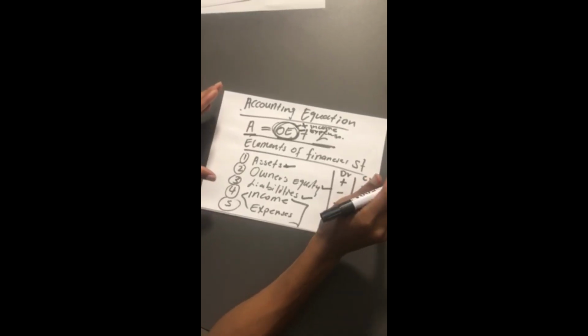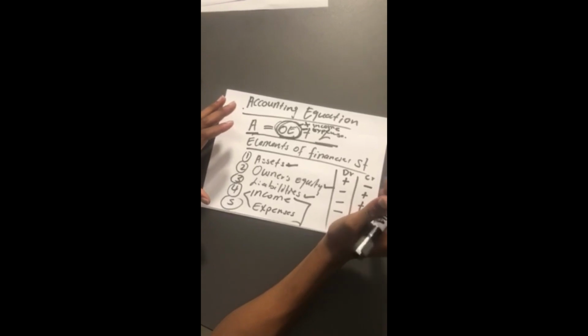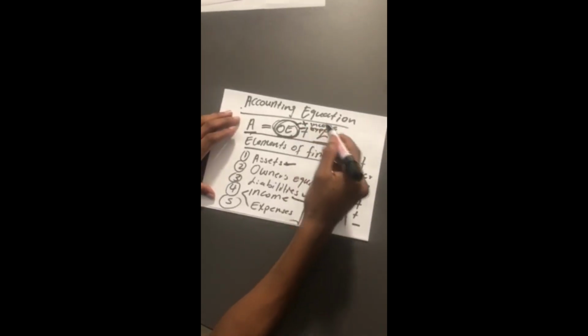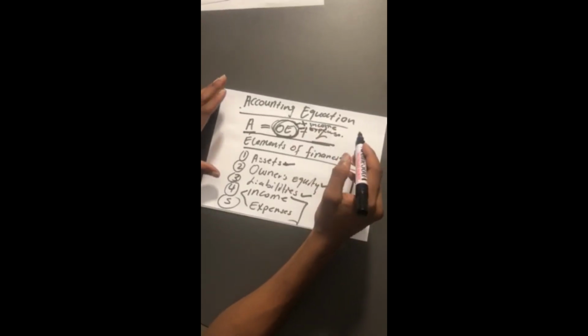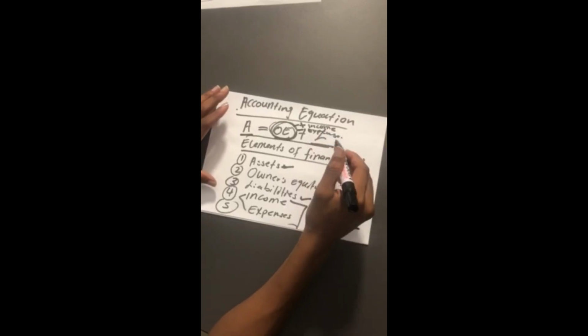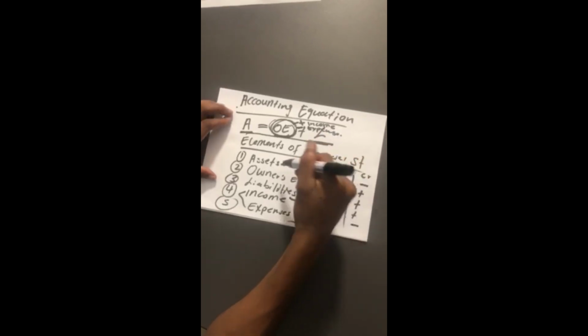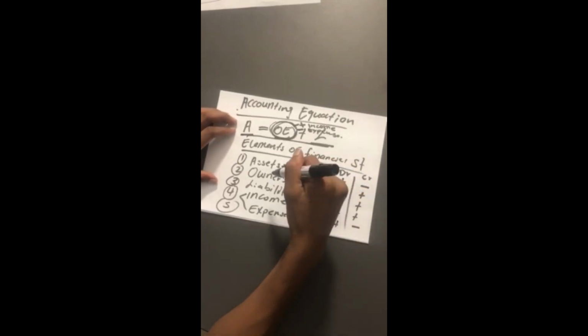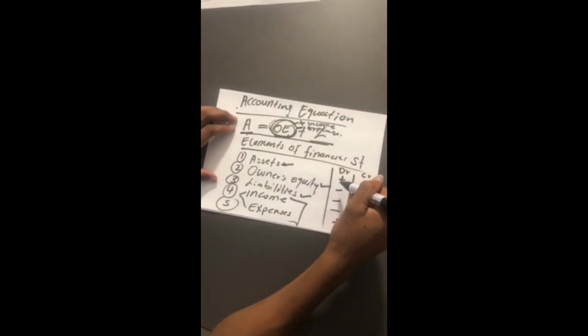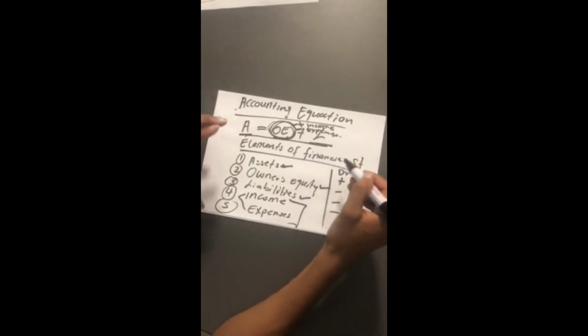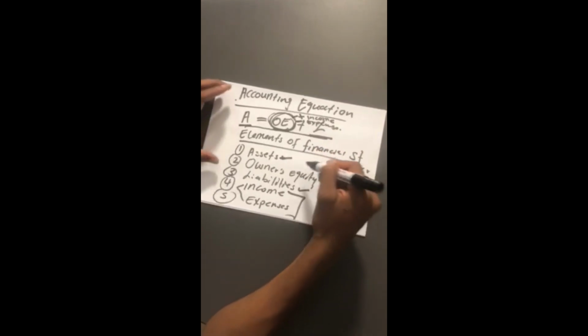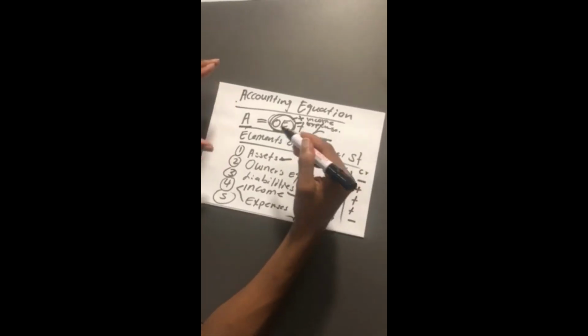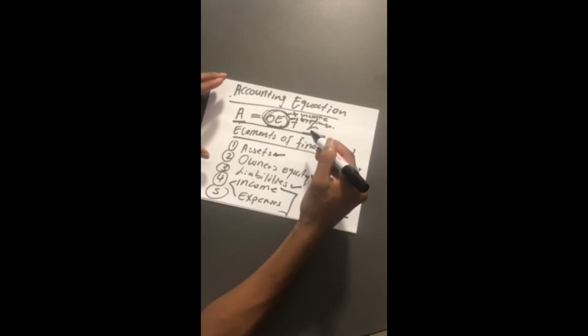Maybe in the next video I'll explain in terms of an example, but for now take it from here that accounting equation, it's easy. You just need to understand where the asset increases and decreases, and you also have to know how the elements of financial statements work before you prepare your accounting equation.